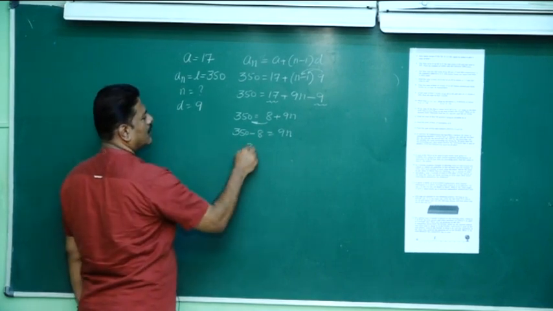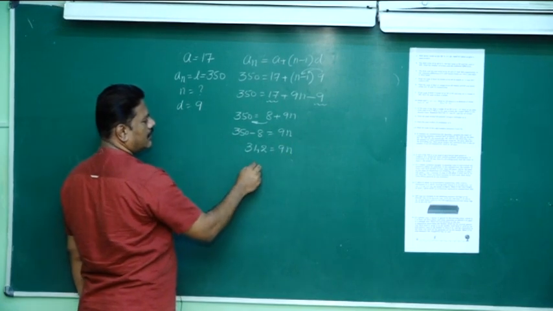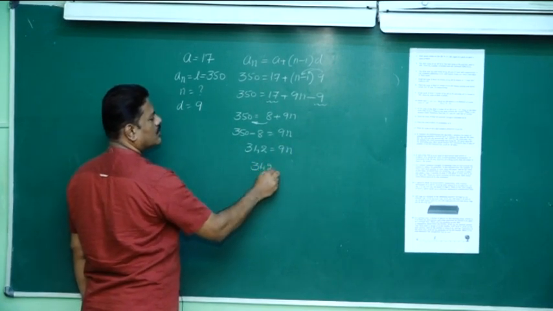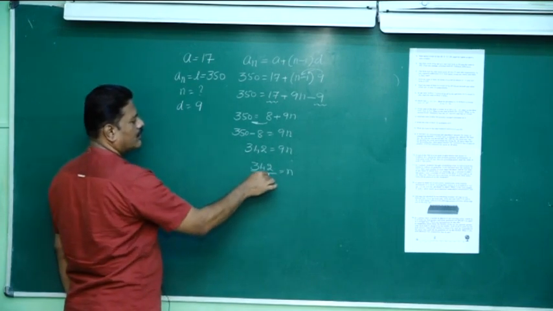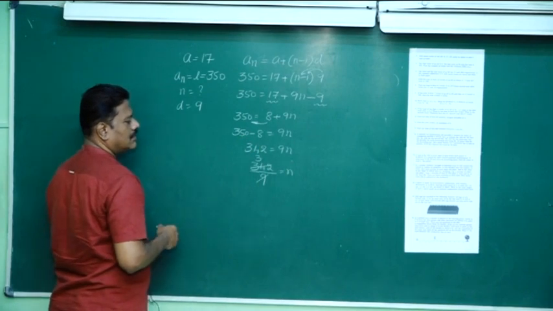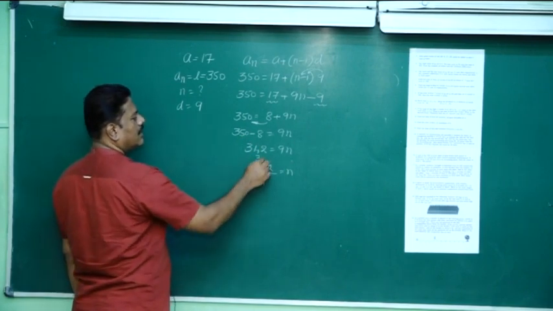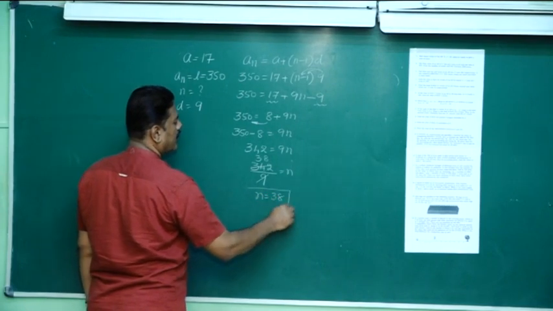So when you subtract, you will get 342 is equal to 9n. Then because of the product, when you transpose 9, it comes to the denominator, equal to n. So 9 3s are 27, 7 remainder, 9 8s are 72. So you will get n is equal to 38.